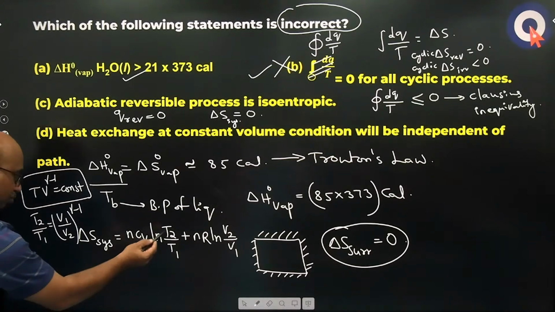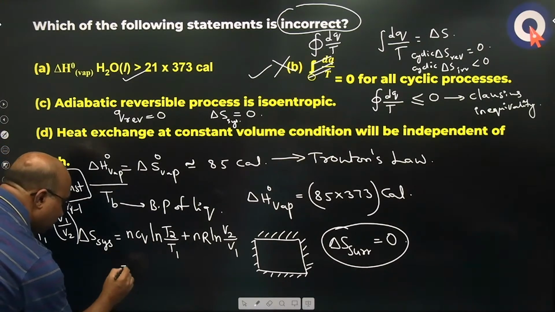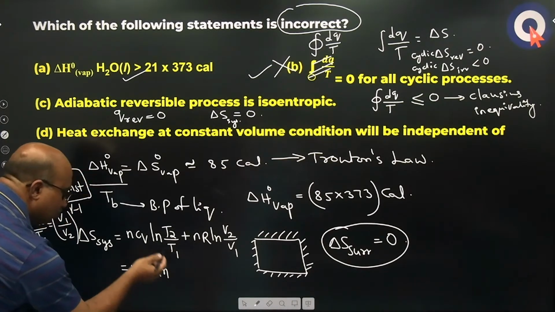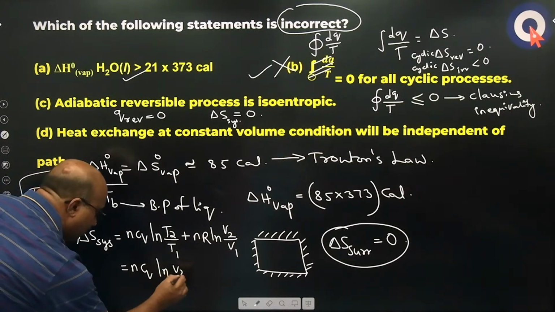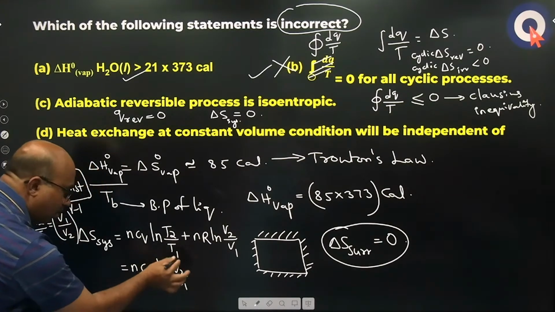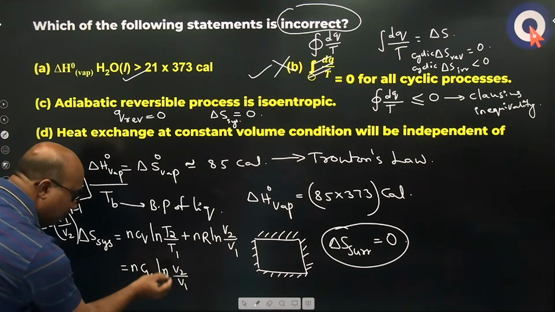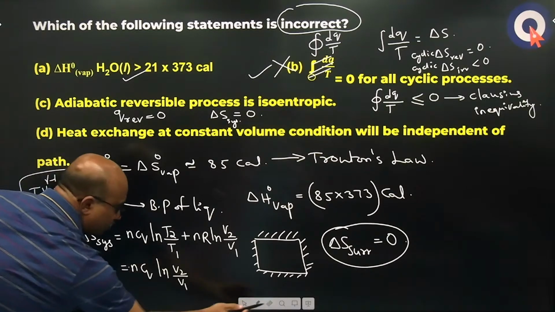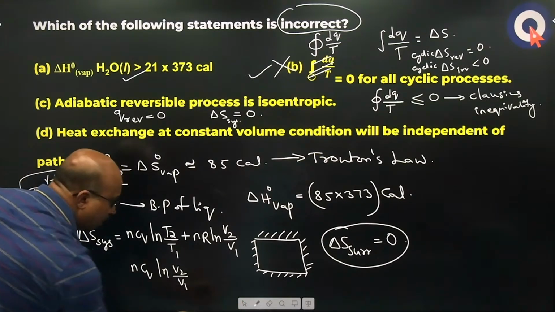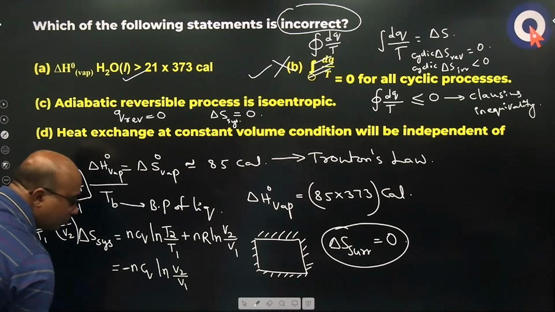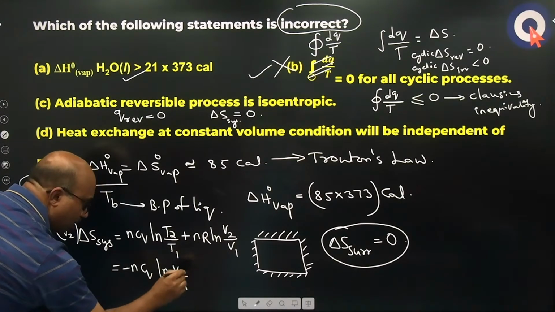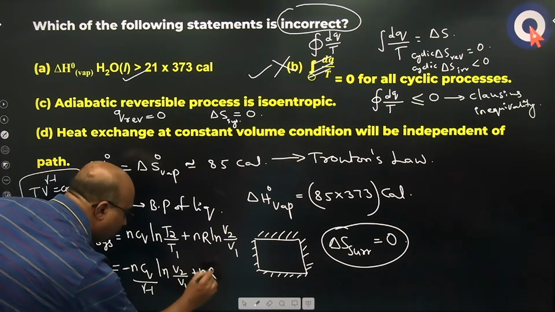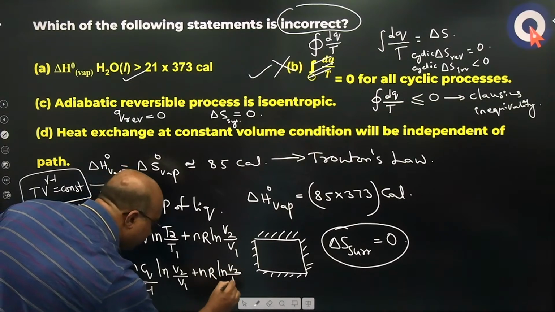If I substitute this, it becomes nCV ln of V1 by V2 to the power of gamma minus 1, but I write it as V2 by V1, so it becomes a minus because we reversed the variables. So this becomes a minus, and the gamma minus 1 comes out as a factor. Plus nR ln V2 by V1.